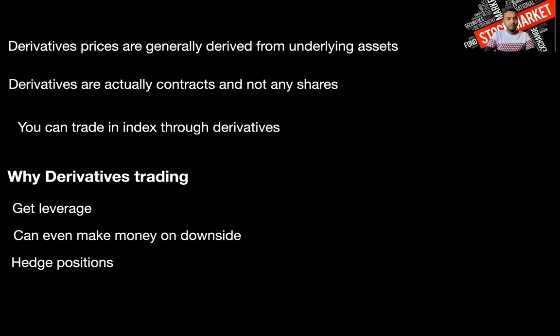Another important factor is hedging positions. Suppose you have a long-term perspective and are holding some shares in your account for around 5 to 6 years. Suddenly there's news like COVID, and you assume the markets are going to fall.